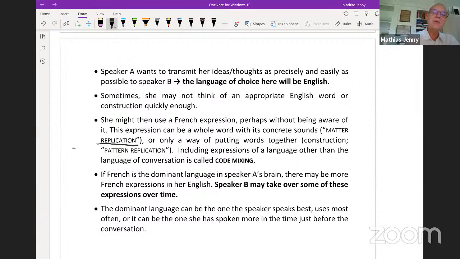So this would then be pattern replication, using a French pattern in an English sentence using English words. This way of including expressions of a language other than the language of conversation, in this case including French expressions in English, is called code mixing. The two codes that you have in your head, in this case French and English, are mixed when speaking.